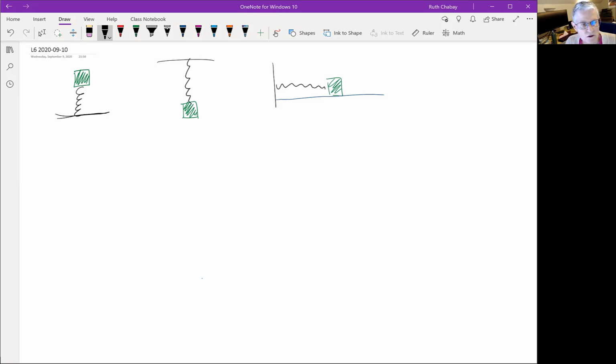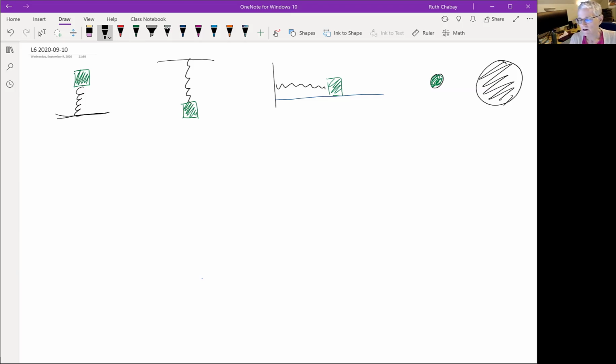Now, the two forces that we're going to talk about here today have two characteristics. We're also going to talk about a gravitational force, where we have some massive object interacting with some other massive object, and the big object exerts a force on the little object and vice versa.